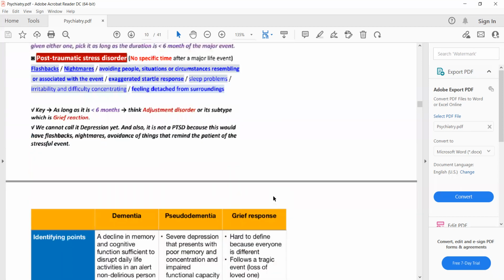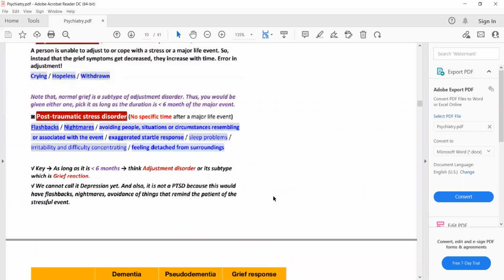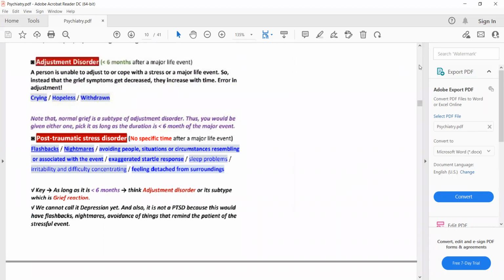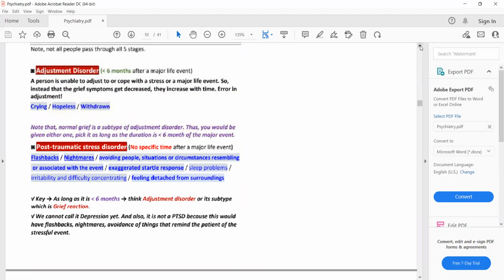Now, if the normal grief reaction persists beyond 6 months, then we will label it as depression. So after a major life event, a person is depressed. He has low mood, low interest in daily activities, self-neglect, low sleep, and the duration is less than 6 months, then we'll label it as adjustment disorder or normal grief reaction.